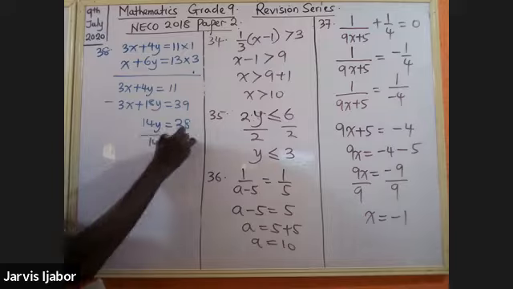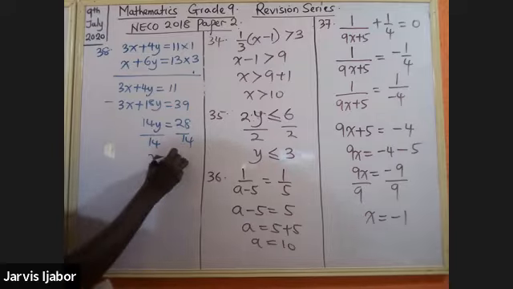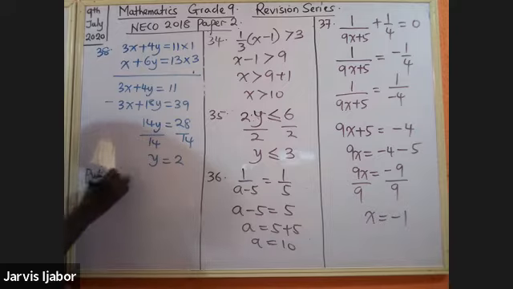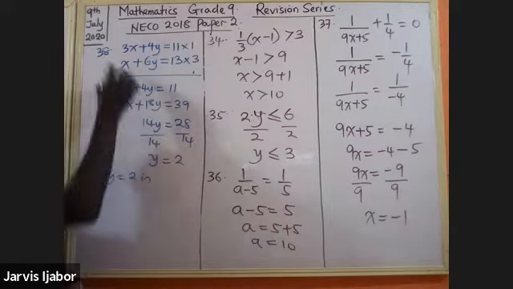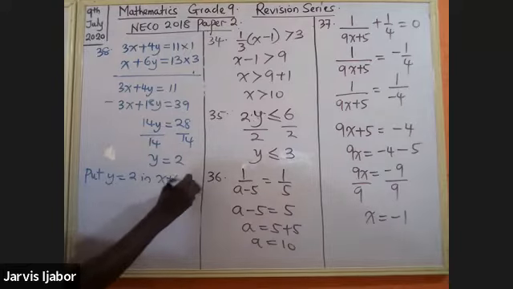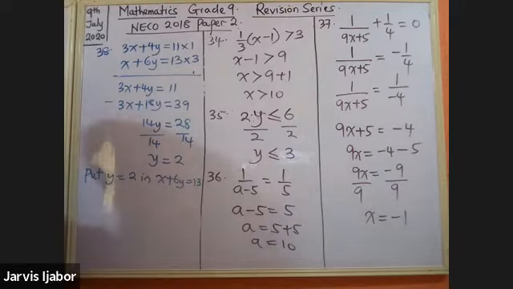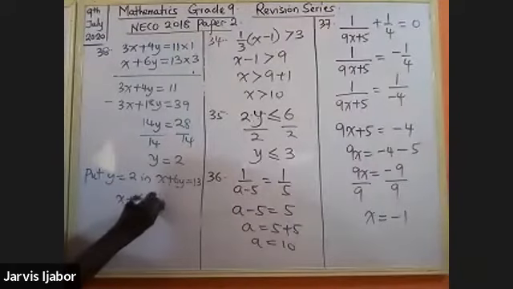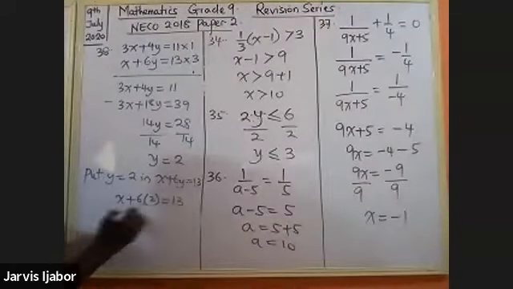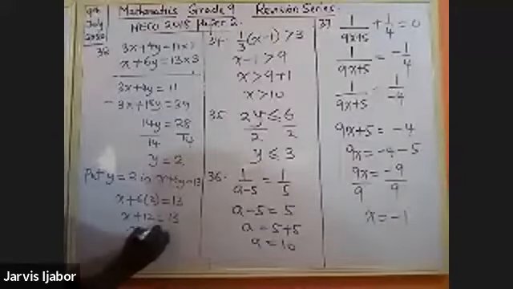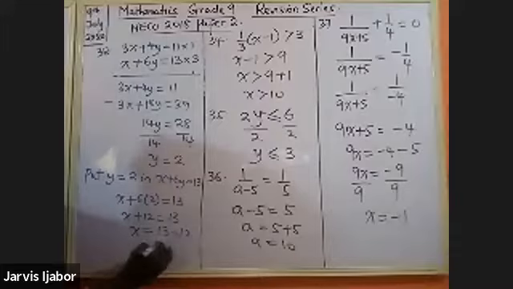And divide both sides by 14, and y will be equal to what? 2. Now, I will put y equal to 2 in an equation that is easy for me, x plus 6y equal to 13. So what does that give me? It means x plus 6 into 2 will be equal to 13, and x plus 12 will be equal to 13, meaning that x will be equal to 13 minus 12, which is 1.